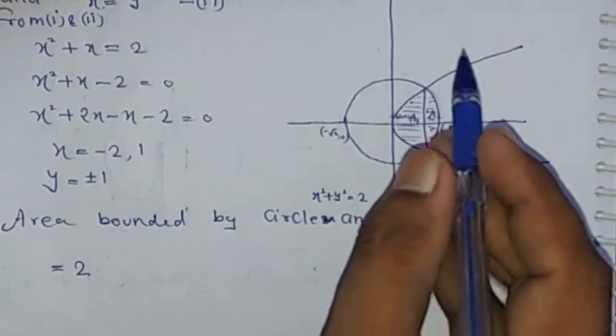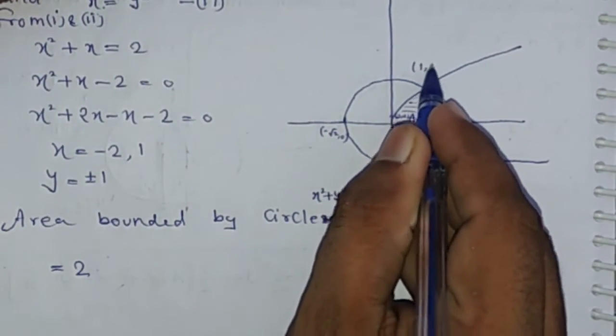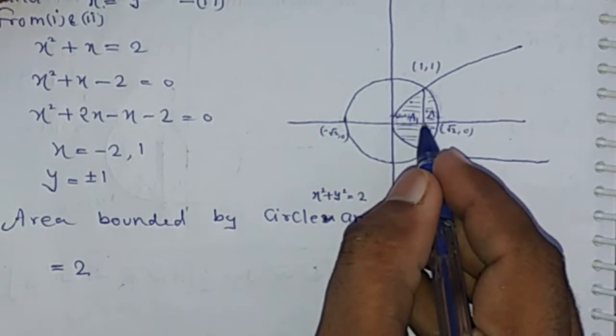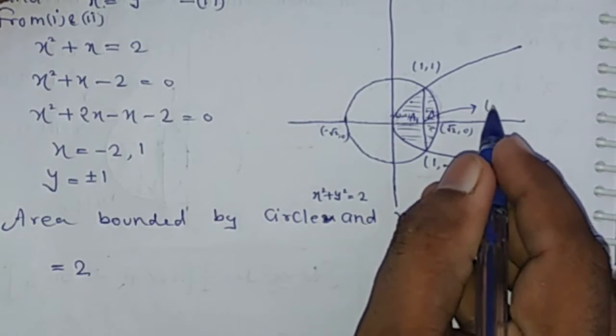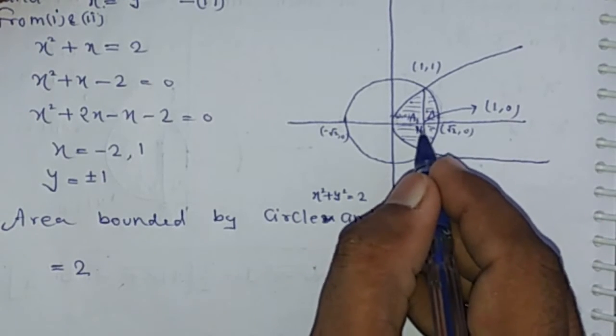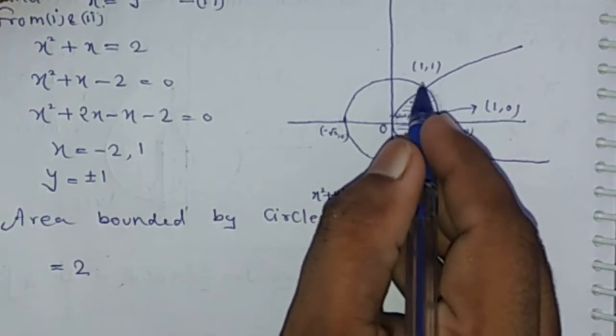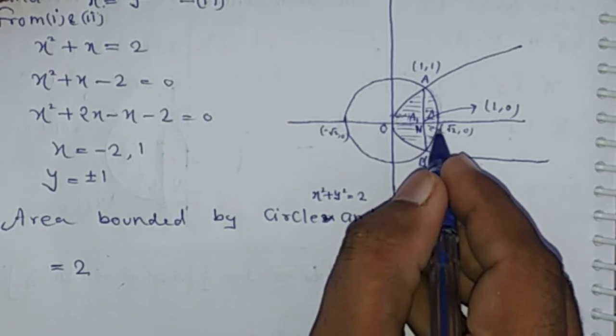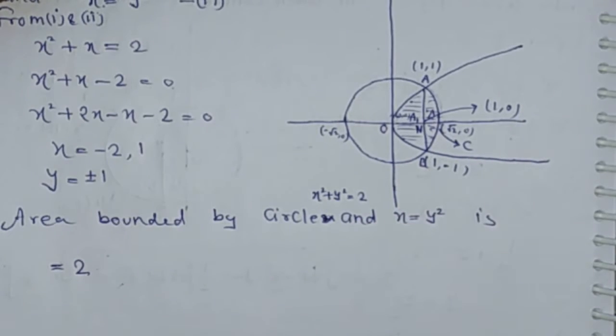The intersection points of both curves are 1 comma 1 and 1 comma minus 1. Then this point is 1 comma 0, the N point is 1 comma 0. It is O, it is A and P, and this point is C.